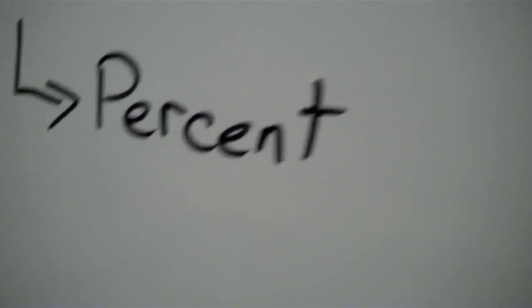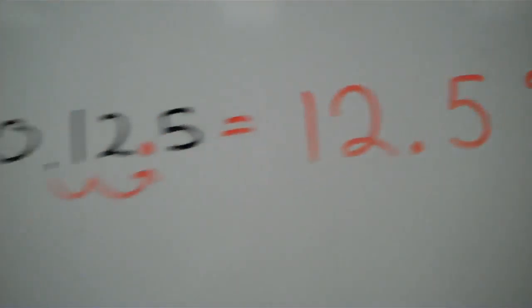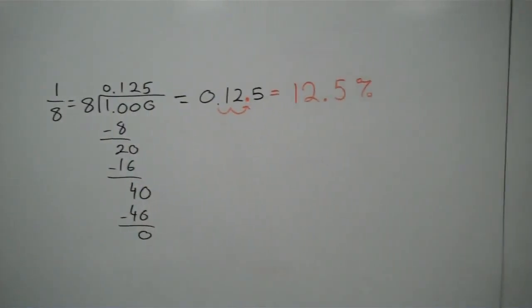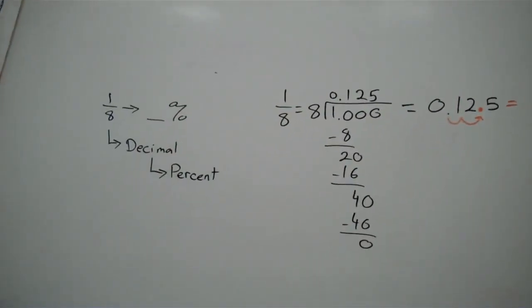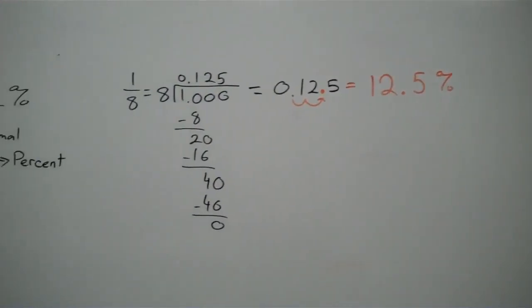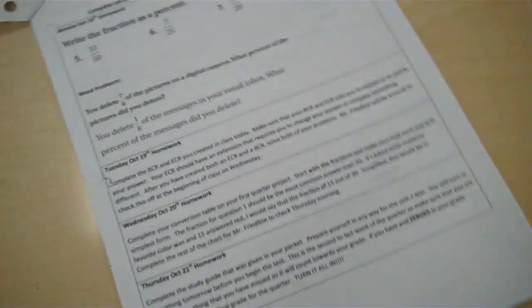We changed it into a percent, so we have to make sure we put our percent sign. And that's it. Look at all that work for that first problem. Goodness. 12.5%. That's 1/8. So there's your last word problem for today. You need to pause it so that you can write that stuff down. Please do.